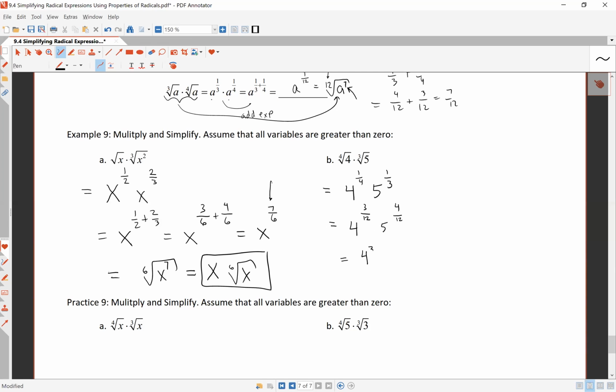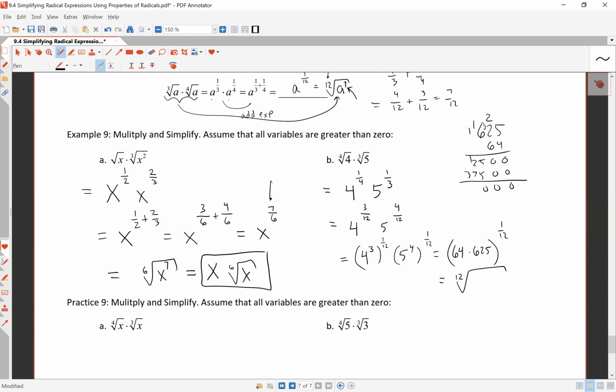So this is 4 cubed to the 1/12, and this is 5 to the 4th to the 1/12, so now both of these are under the 12th root. 64 times 625, so this is the 12th root of 64 times 625, which is 40,000.